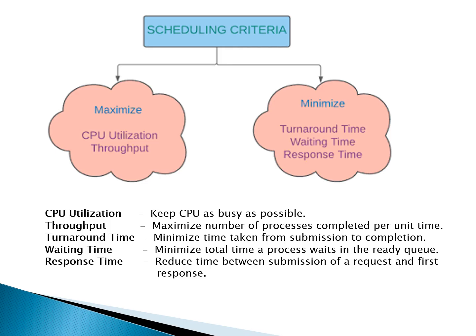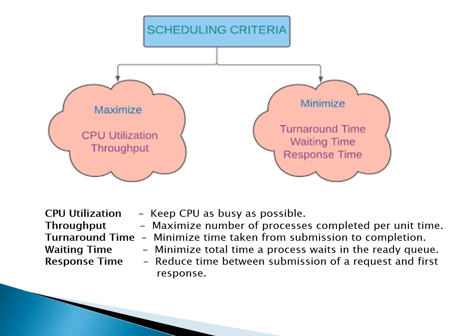So you can just see the scheduling criteria. In the scheduling criteria, it maximizes the CPU utilization and the throughput, and it minimizes the turnaround time, waiting time, and the response time.